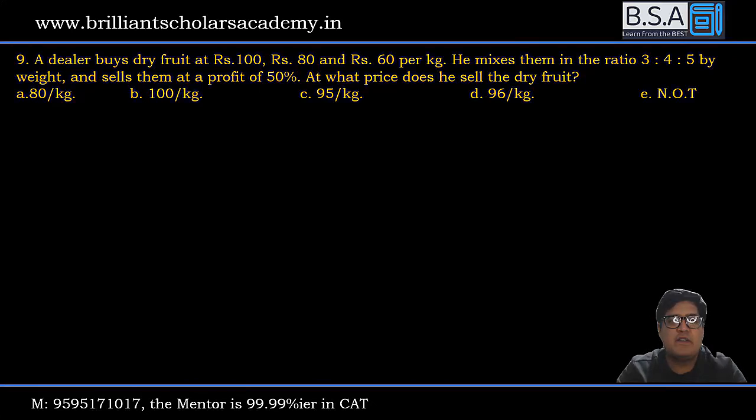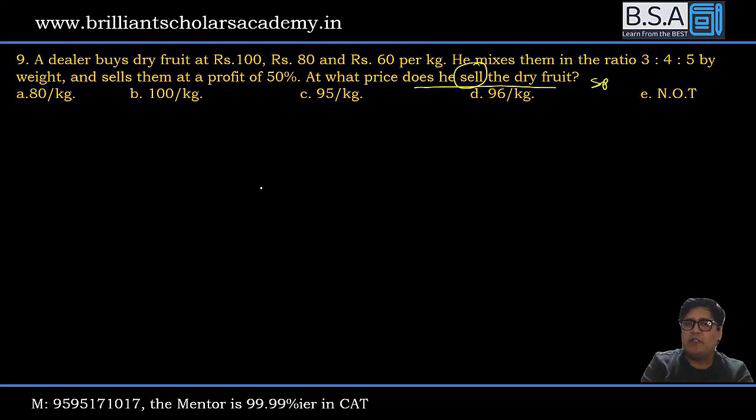A dealer buys fruits at the rate of 100, 80 and 60 per kg. He mixes them in the ratio of 3, 4, 5 by weight and sells them at 50% profit. What price does he sell these fruits at? So selling price has been asked.